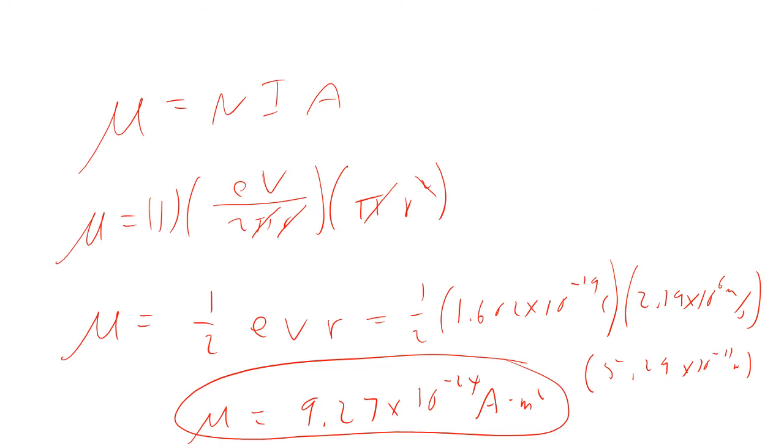Now we'll get back to this later in the semester, because it turns out that this magnetic moment also relates to the angular momentum of the electron. Angular momentum is mvr, if you remember from physics 1. And we know that mu is equal to 1/2 e v r.